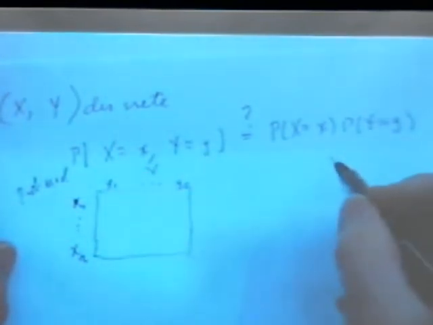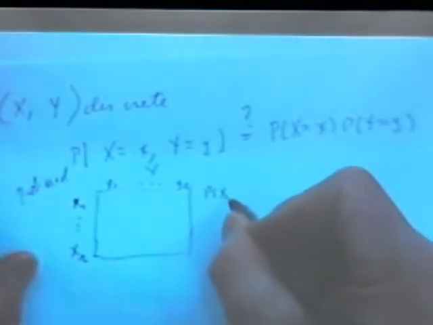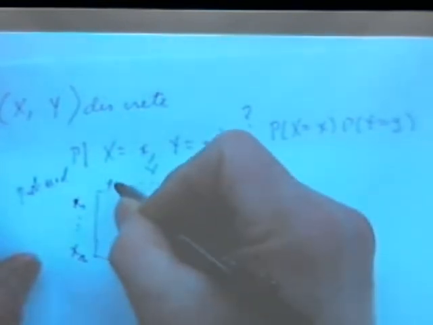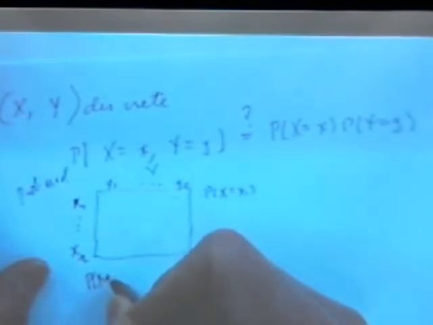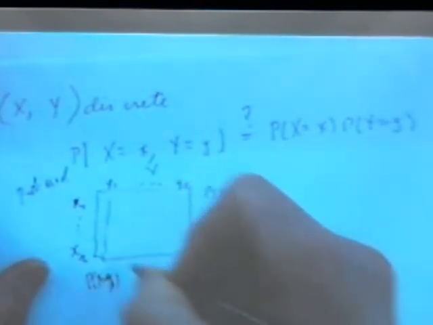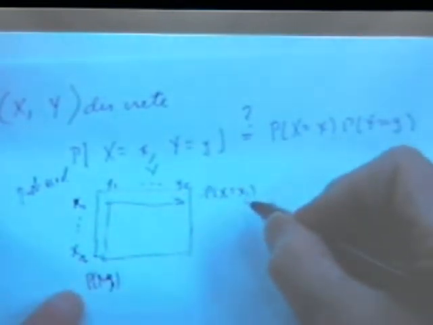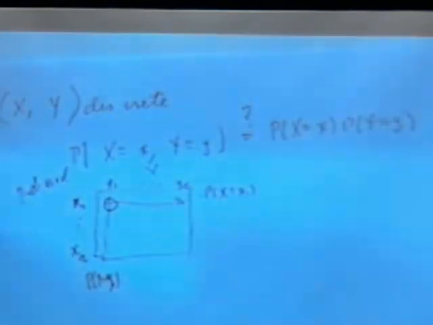And you're trying to check this: here's the probability x is equal to x1, sitting in the margin, and here's the probability that y is equal to y1. Independence says if you multiply these two together, you should get the thing in the cell. That's all independence is, right?